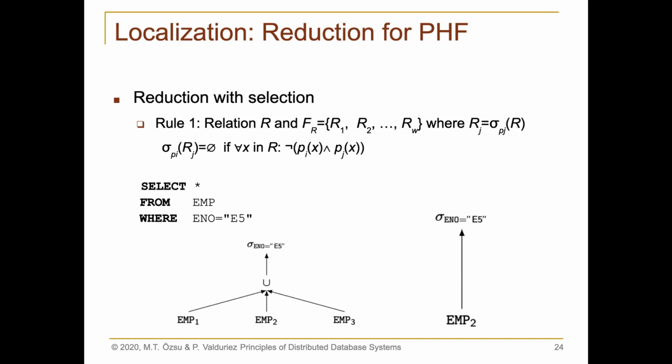For instance, in order to reduce primary horizontal fragments in the data localization phase, we can apply reduction with selection operation.